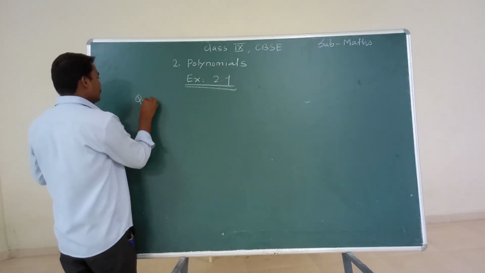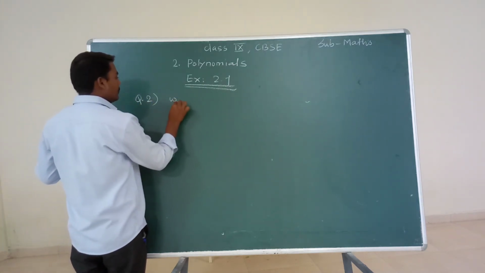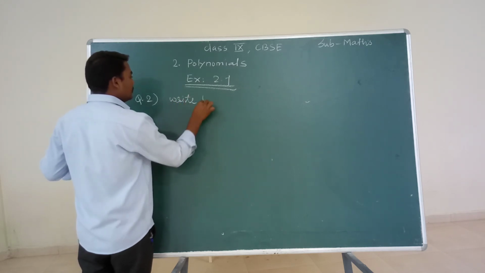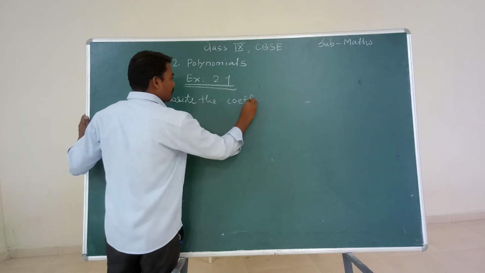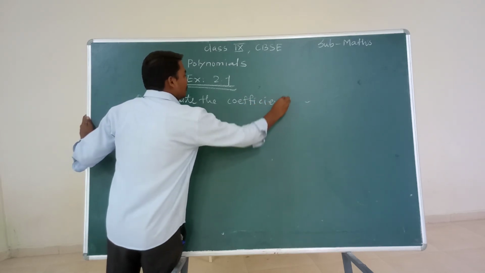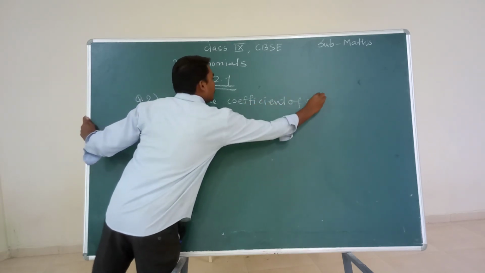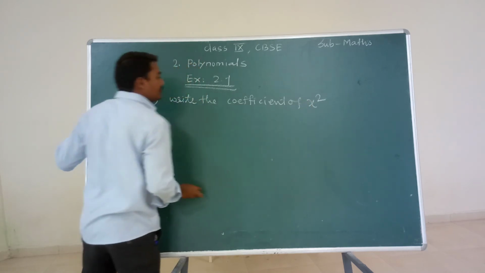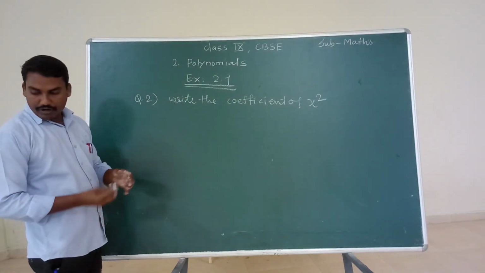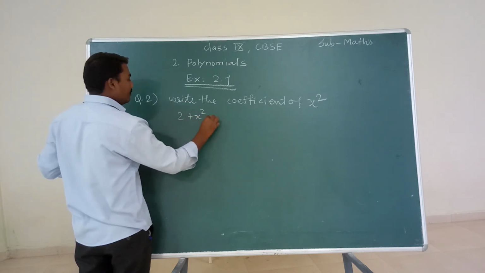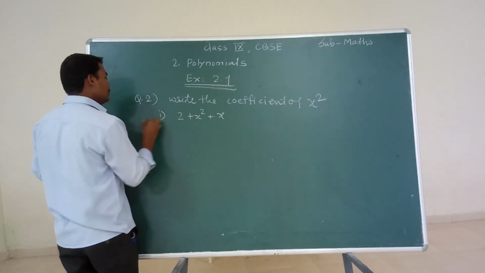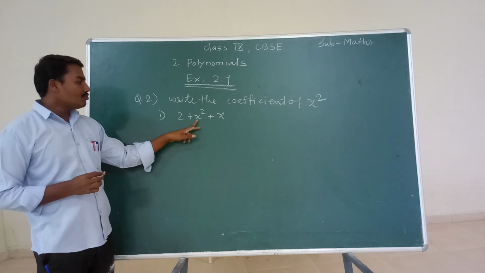Question number second, write the coefficient of x square, and your expression is 2 plus x square plus x. Question number 1, write the coefficient of x square.